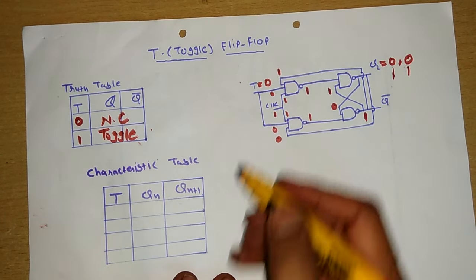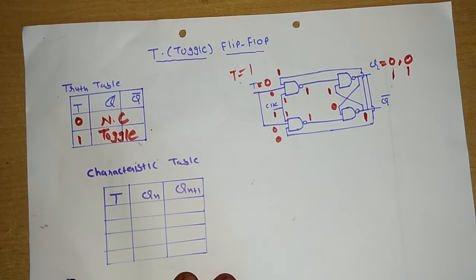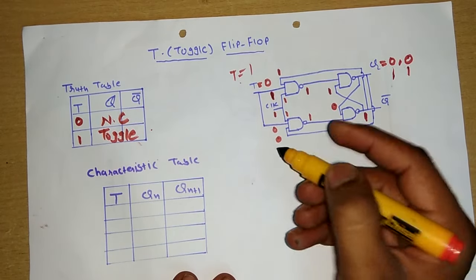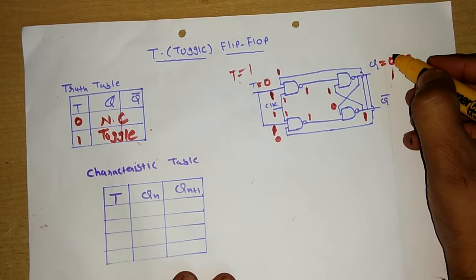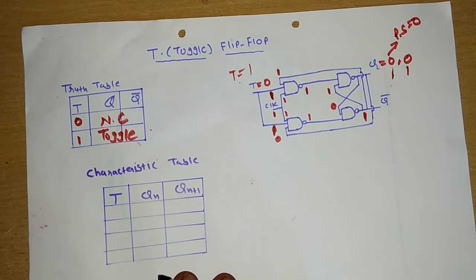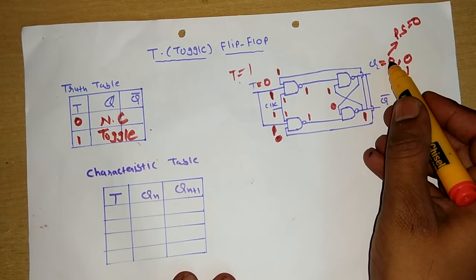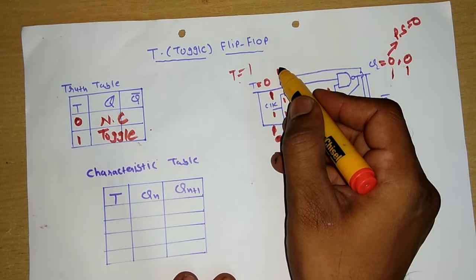Let us take the other case when your T is equal to 1. When your T is equal to 1, here it becomes 1, and I am assuming now my present state is 0. So this 0 is transmitted at this end. If Q is equal to 0, as we have assumed, then Q bar becomes 1, and that 1 is transmitted over here.